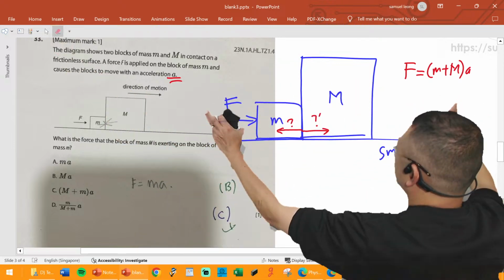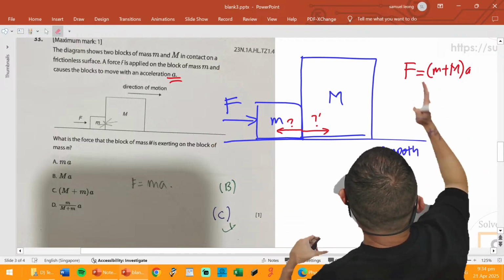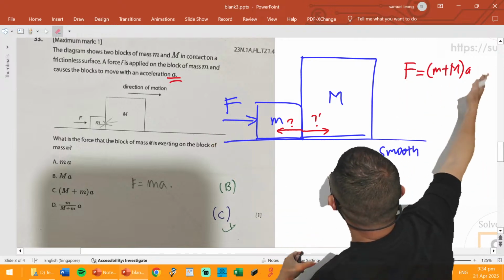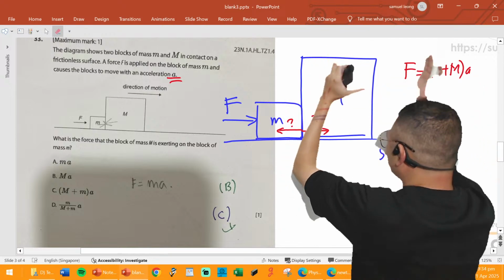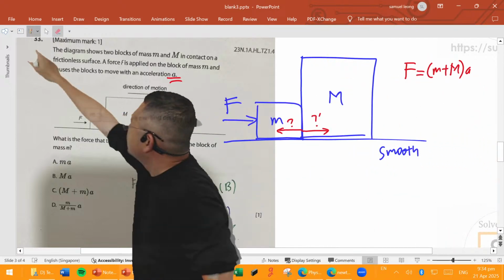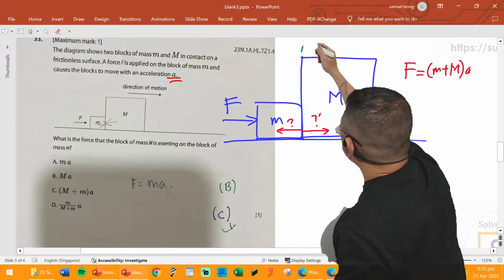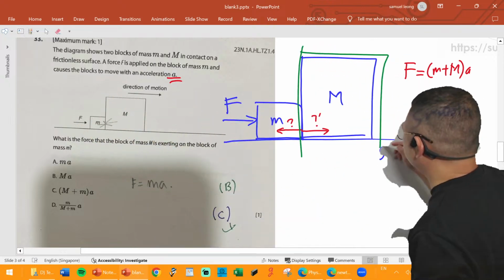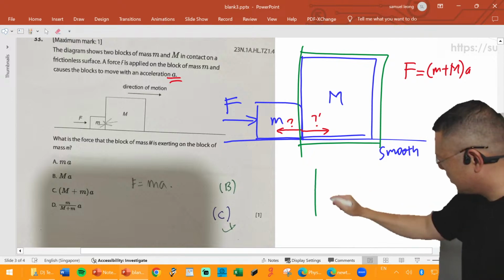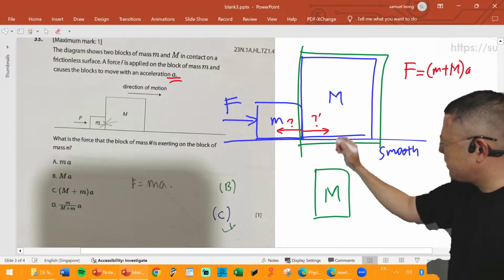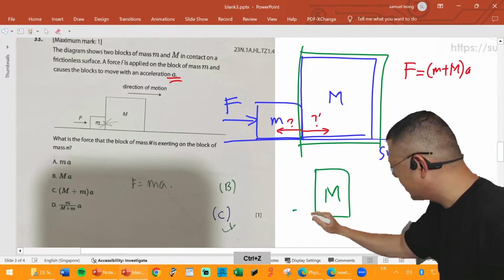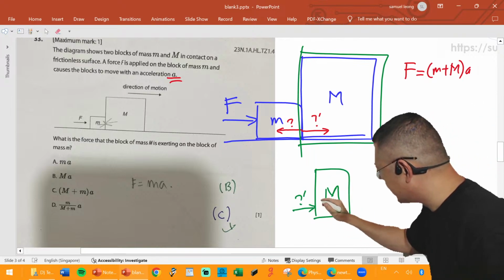Big picture, I'm looking at the whole thing. This force causes them to accelerate. So now I want to look at this mass here. Let's isolate this guy, box him out. He experiences that force, this question mark prime.